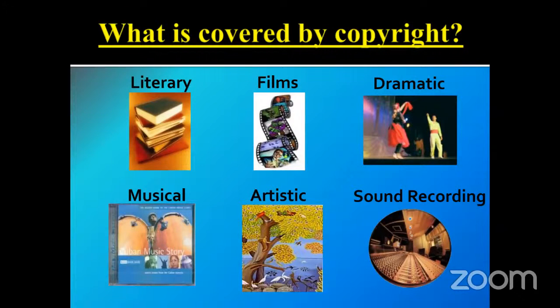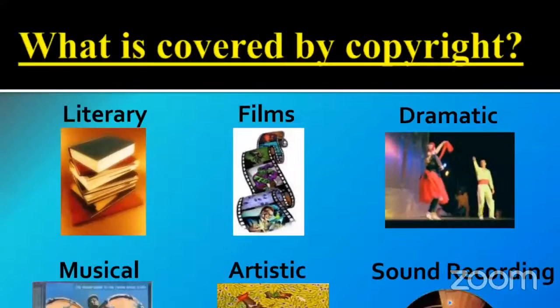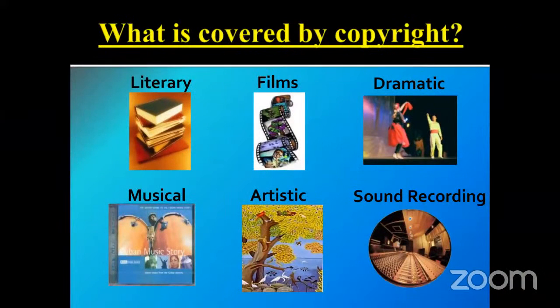All of this comes under the copyright. You know how copyright is denoted: the copyright symbol is a C with a circle around it. So what comes under the copyright? Literary, films, dramatic, musical, artistic, sound recordings like CDs, DVDs, books. That comes under the copyright.